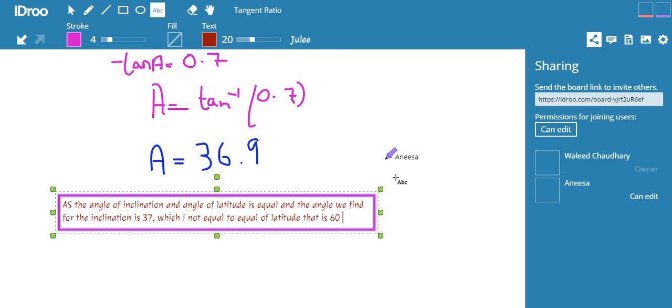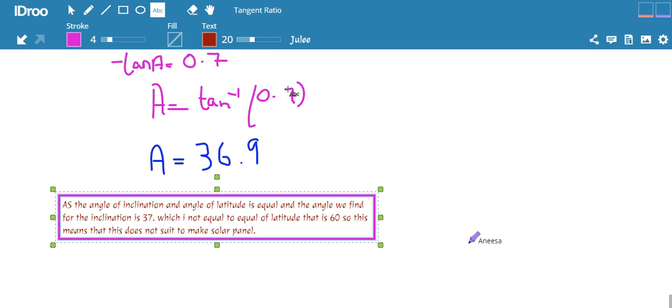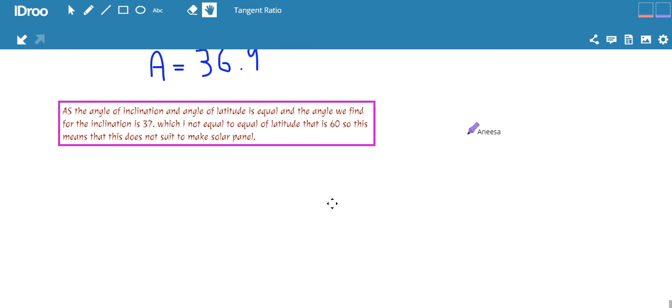So this means that this doesn't suit to make that solar panel.